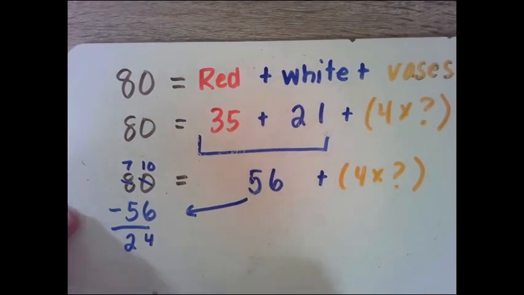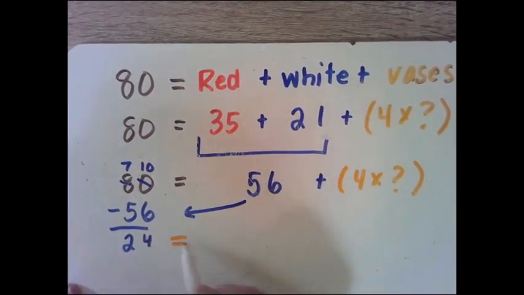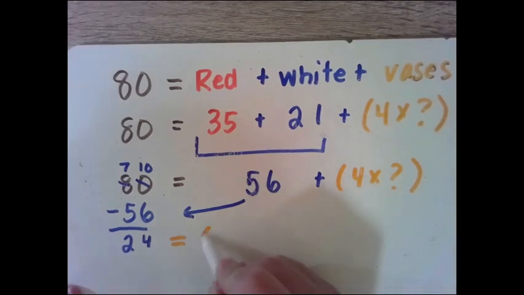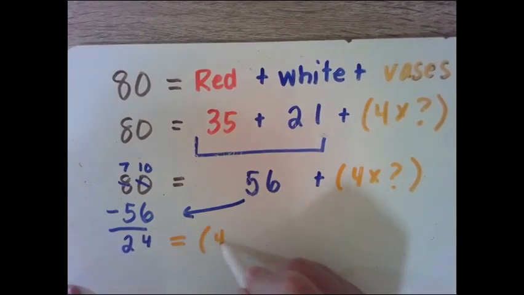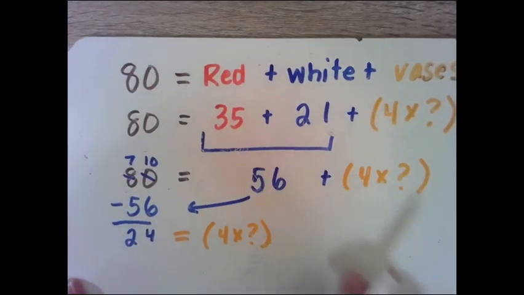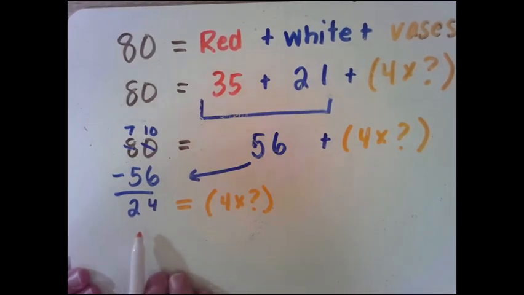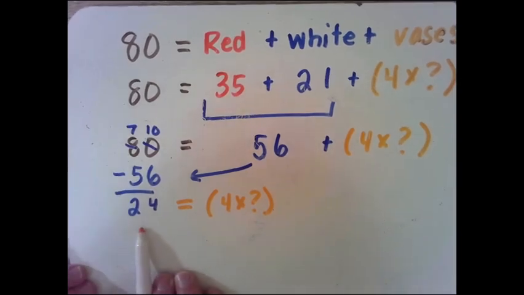So this 24 equals what he spent on the vases. So it equals 4 times something. Now we can look at this and say, okay, 4 times what equals 24?